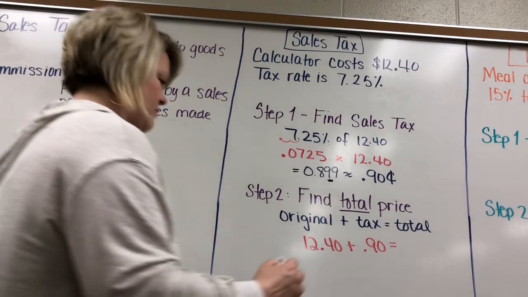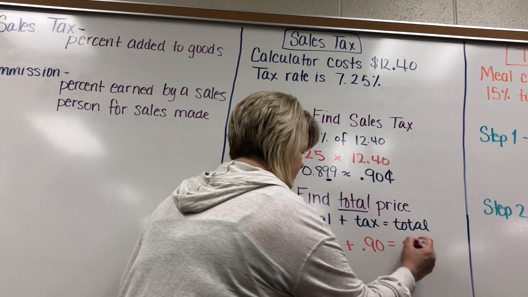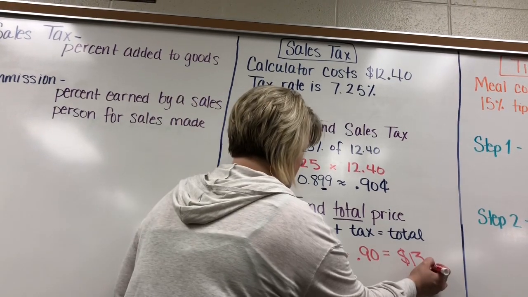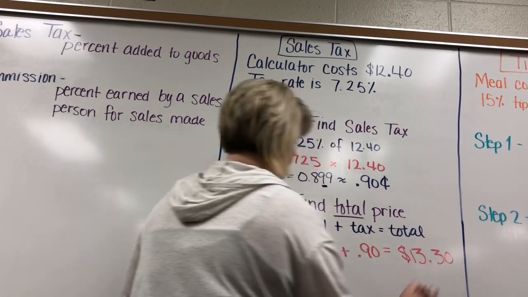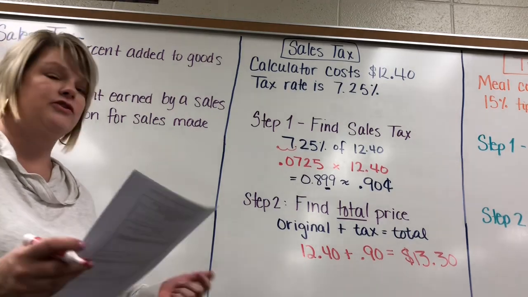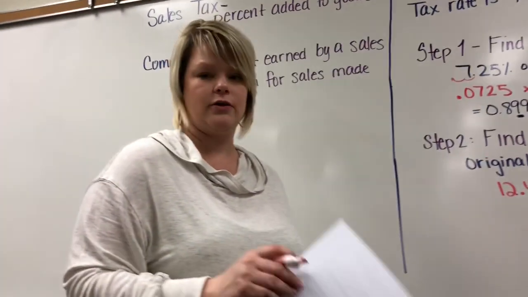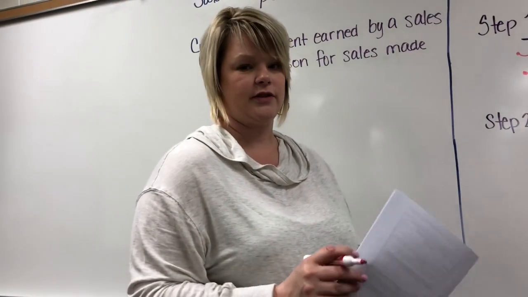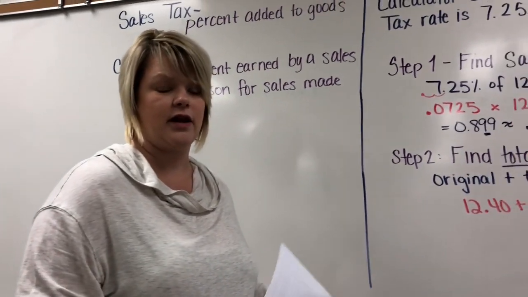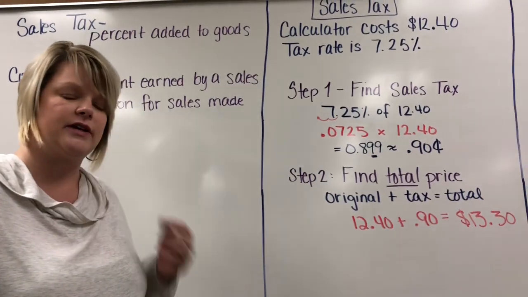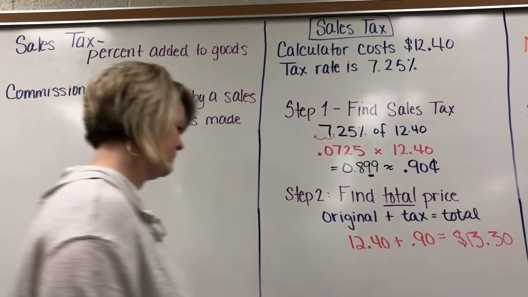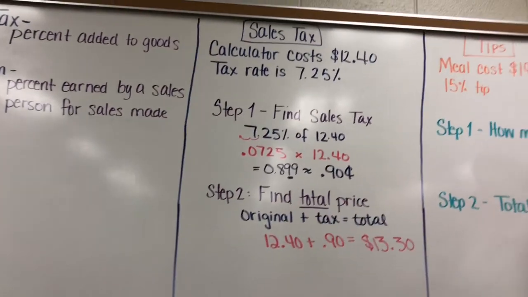So that's going to make my total, I forgot my one, $13.30. So when Phil goes, he's going to have to pay $13.30. Okay, feel free to pause again if you want to catch up, but that is how you do sales tax. 2 steps. Bada bing, bada boom. All right, let's go to the next one.